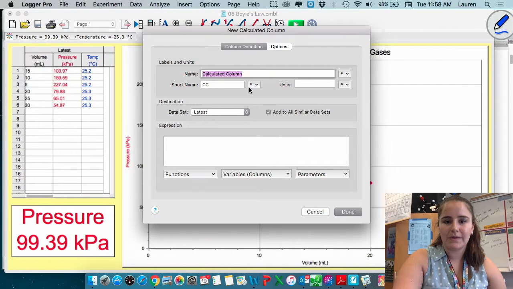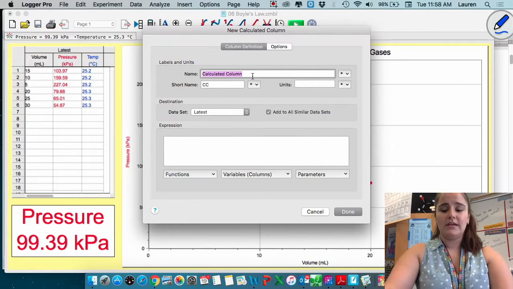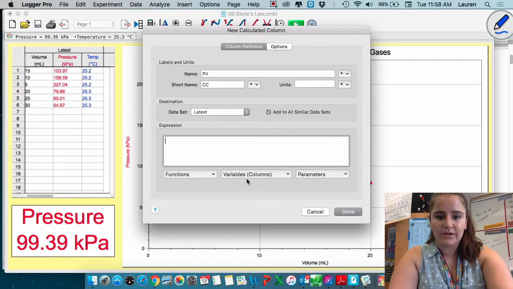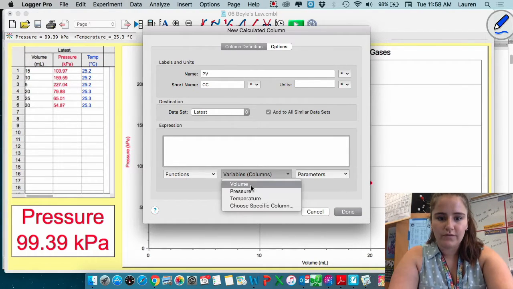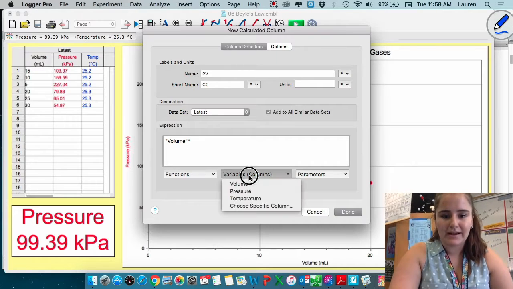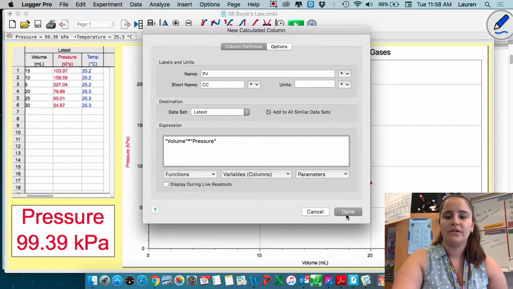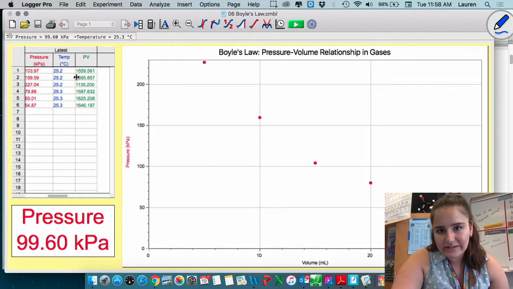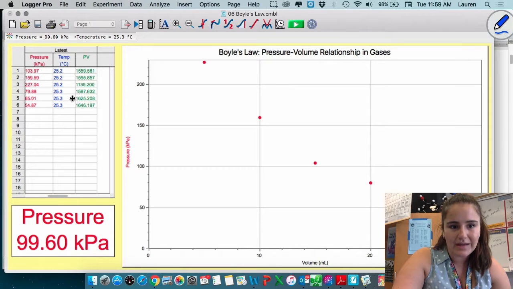New calculated column. I'm going to create a new column that is going to be pressure times volume. And you can see that these numbers change a little bit because obviously I wasn't being too careful, but they're all about the same.